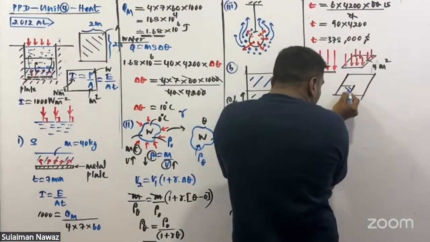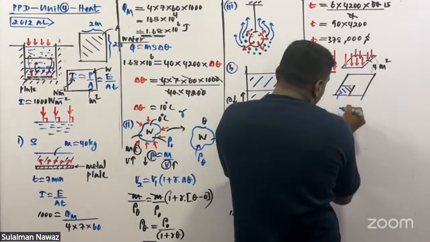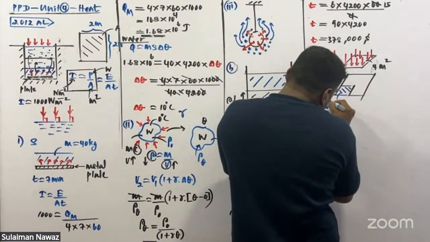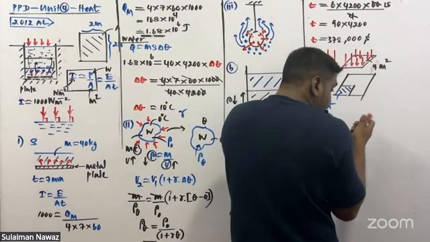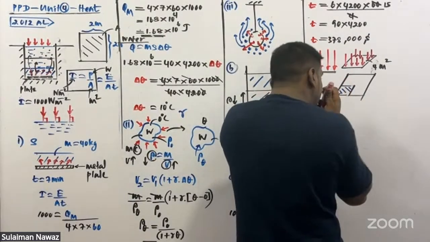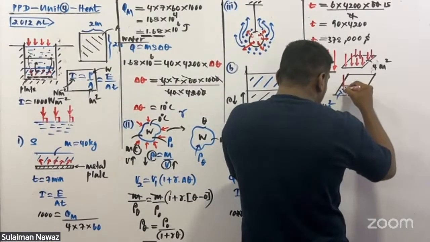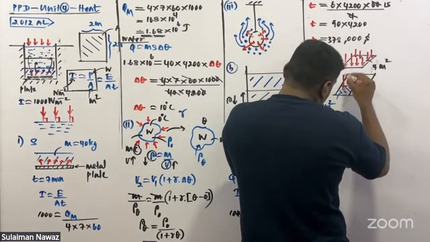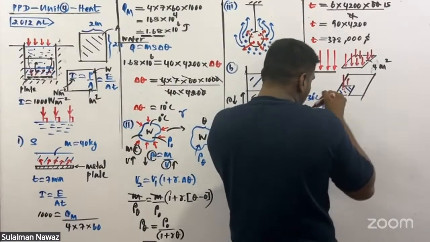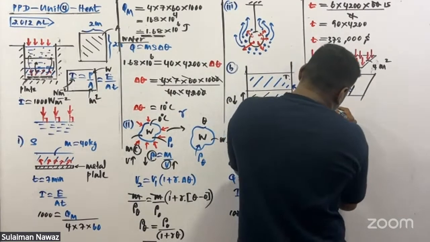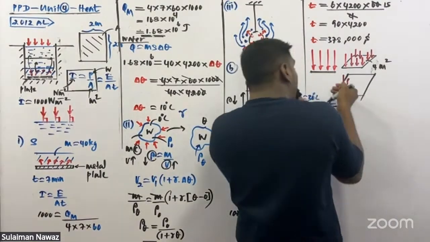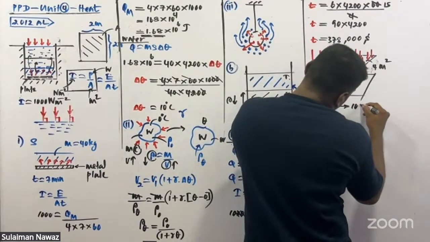When you consider 1 meter squared area of the metal plate, the solar power incident is 1000 watts. That is the idea of intensity: for 1 meter squared of area, how much solar power is incident? 1000 watts.